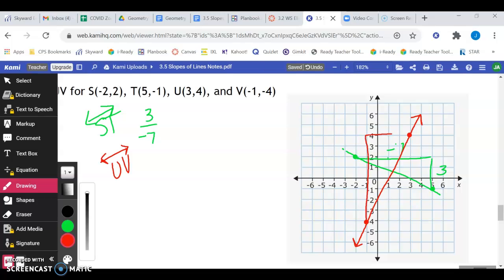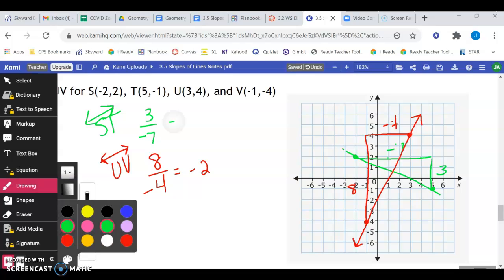So up and over. So 1, 2, 3, 4, 5, 6, 7, 8. Up 8 and back 4. So 8 and -4, that would simplify to -2. So 3 over -7, which is the same thing as -3/7.